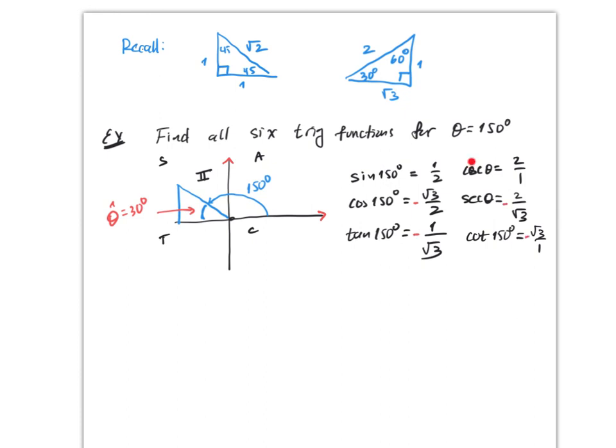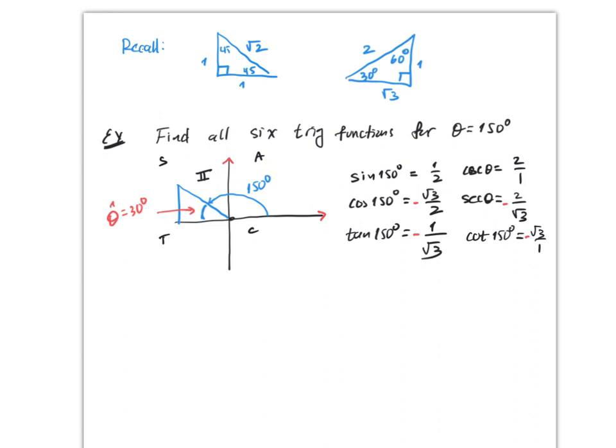Notice that the answers to this are exactly the same answers as the special triangle. So all you need to do is figure out what the reference angle is, and you already have the answers here. If you don't have a special triangle, then you have to use the Pythagorean theorem to figure out all the values, which is what we did in the last two examples.